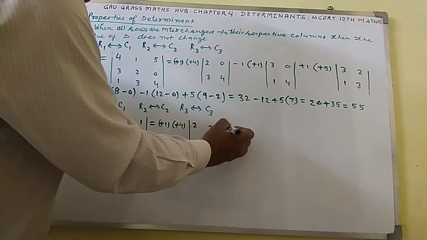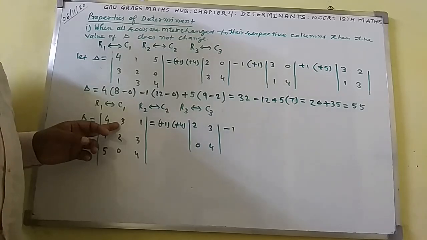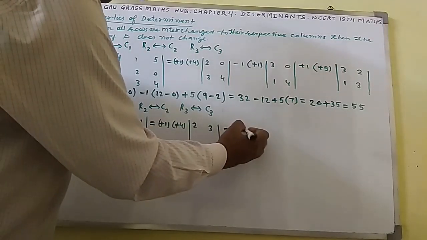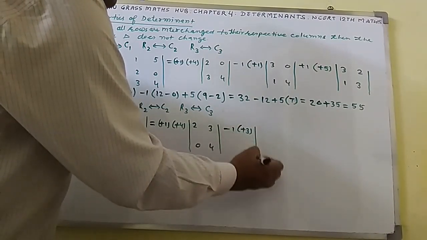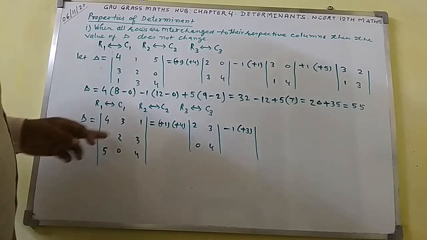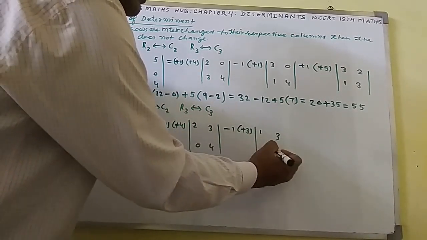Here write minus 1. The element here is plus 3, so here write plus 3. The minor of plus 3 will be 1, 3, 5, 4. So here write 1, 3, 5, 4.